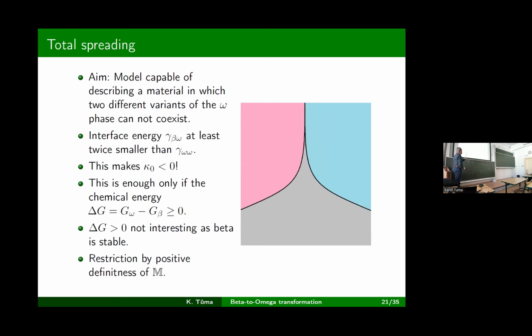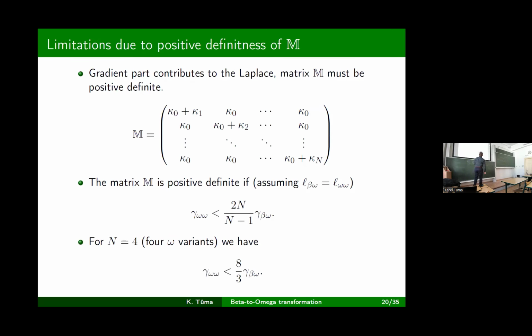Unfortunately, what then happens is that the first parameter, in front of gradient theta 0 squared in the interface energy, is negative. All other kappas are positive, so of course we don't have the positive definiteness for free.